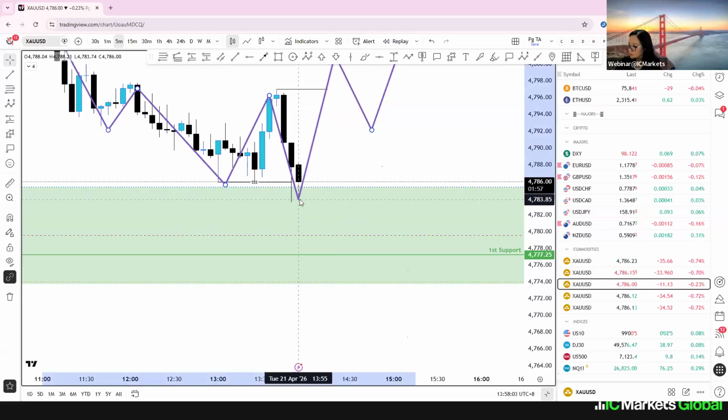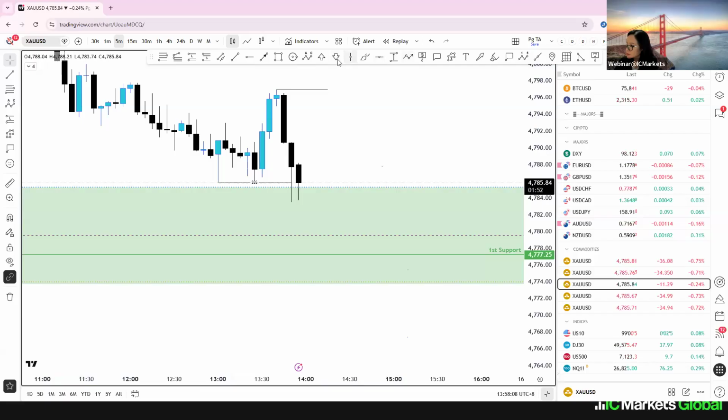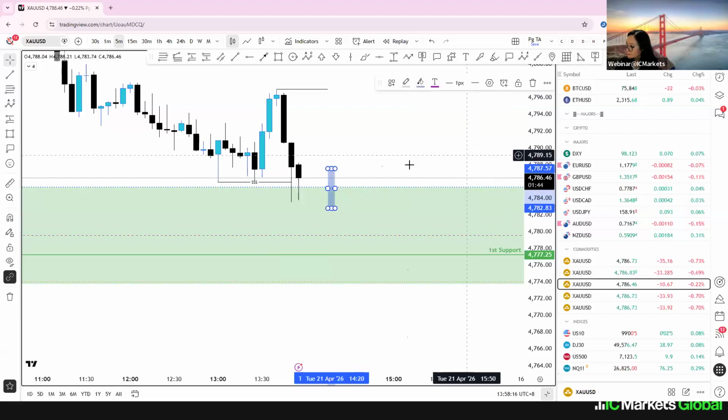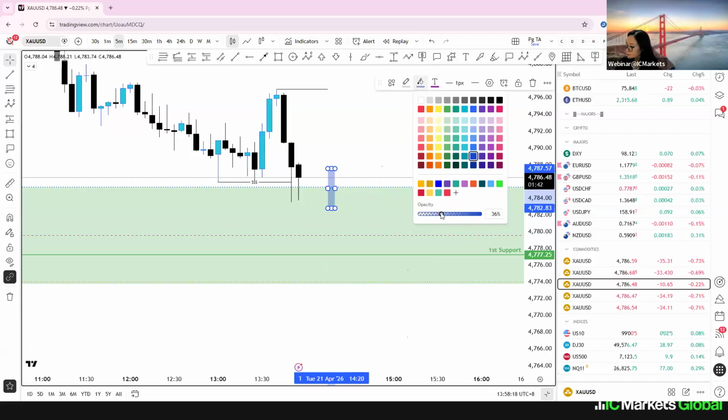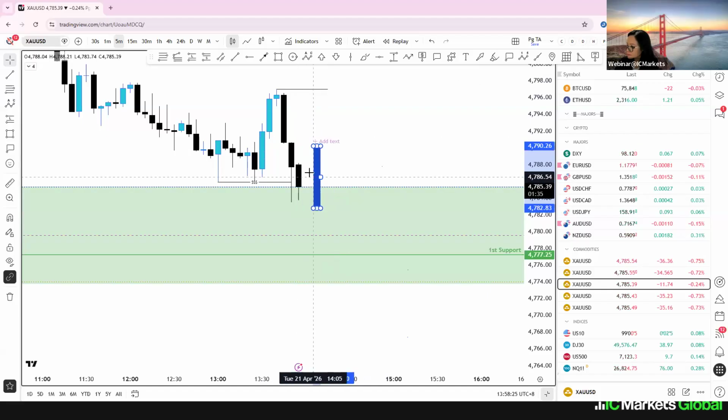If not, then we need to wait for the price action. I think the safe way is to wait for the price action, which could be a bullish engulfing or a pin bar.